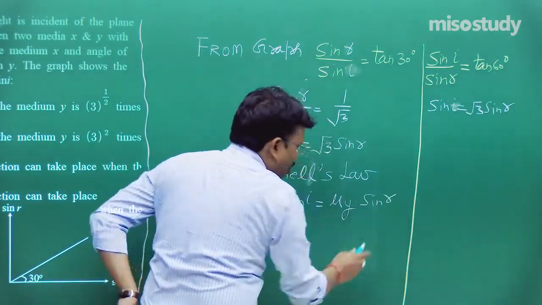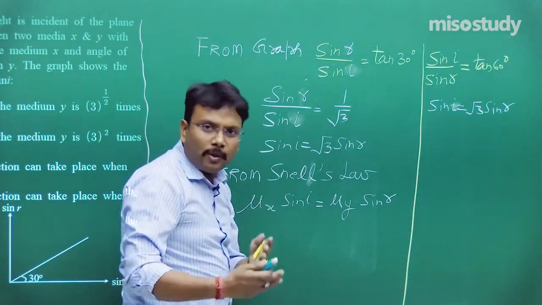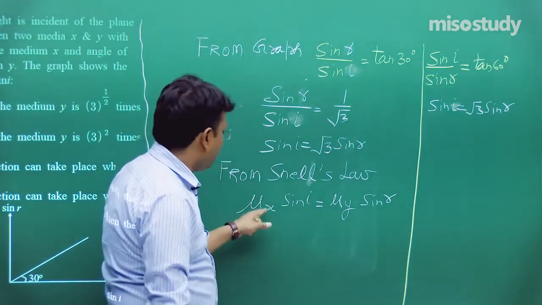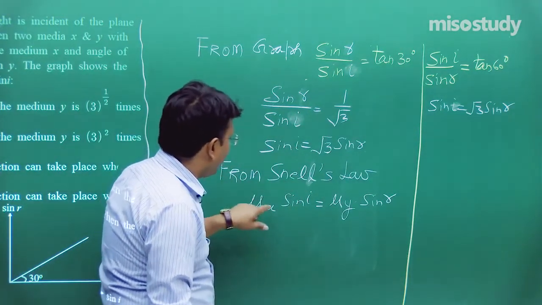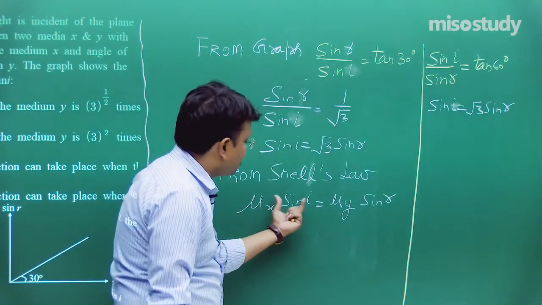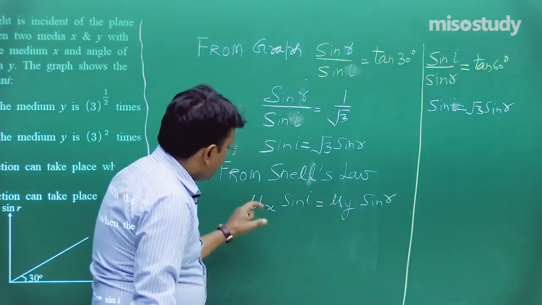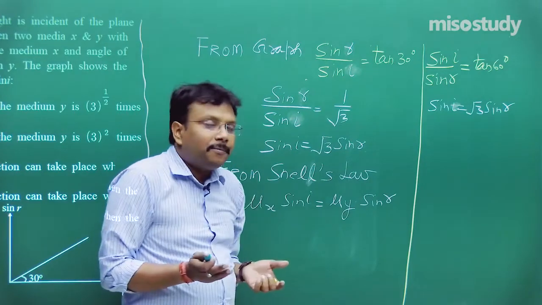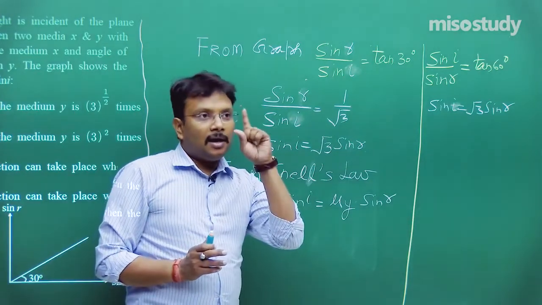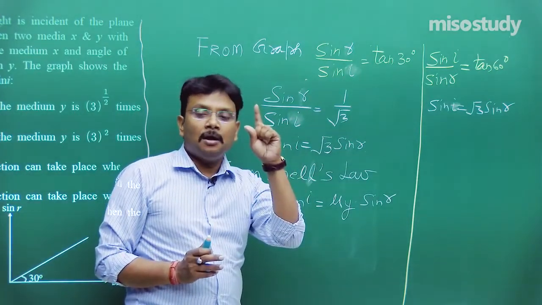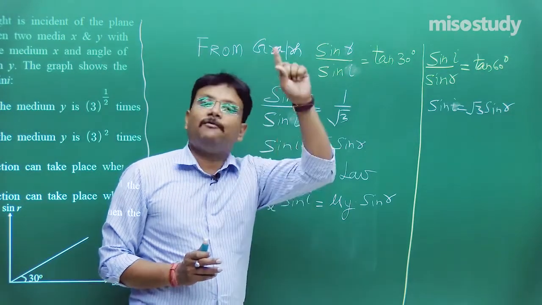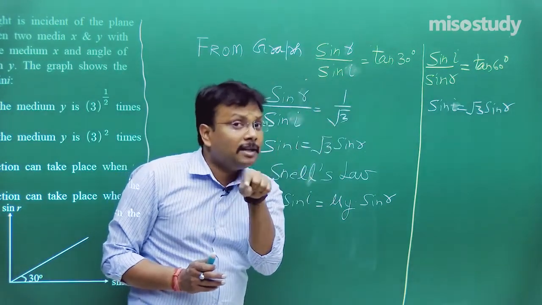Basic result. Mu 1 sin I is equal to mu 2 sin r. So mu 1, mu 2 is what? One medium x, another medium y, so we mention accordingly. Now see, this mu is what? Mu is the ratio of the speed of light in vacuum to the speed of light in the medium.